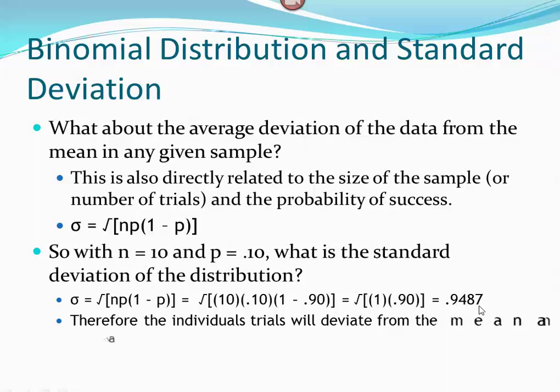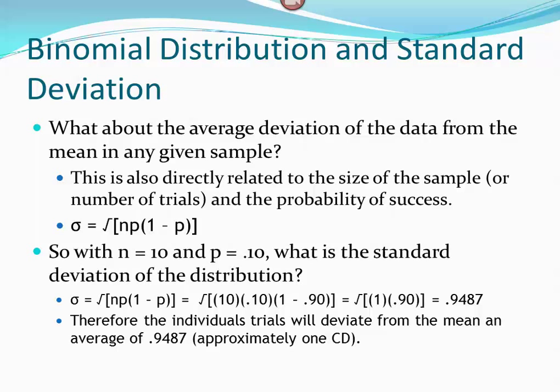Obviously, again, it's a decimal value, so we kind of think of it as really close to 1. We say that the individual trials will deviate from that mean amount of 1 by about 1 CD. So, in other words, 68% of the time, going back to the empirical rule, we could expect, since my mean is 1, that it'll deviate 1 standard deviation to the left and to the right.